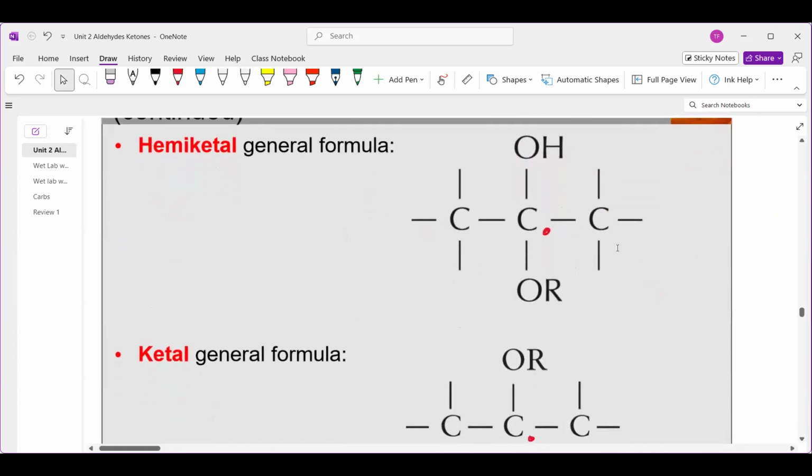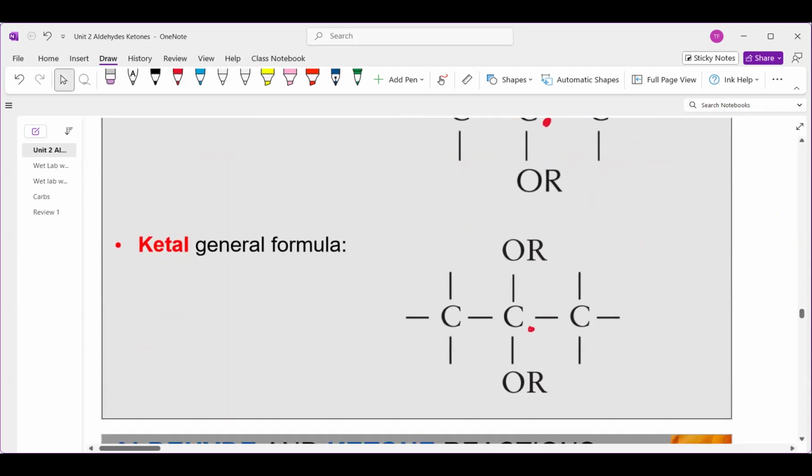So hemiketal, got to have an OH present for the hemi. Anomeric carbon is the middle of the OCO. And if we go further with another alcohol, we end up having an OCO again.